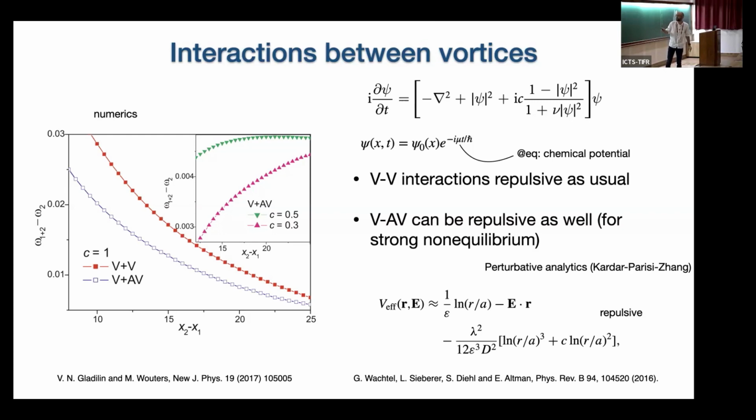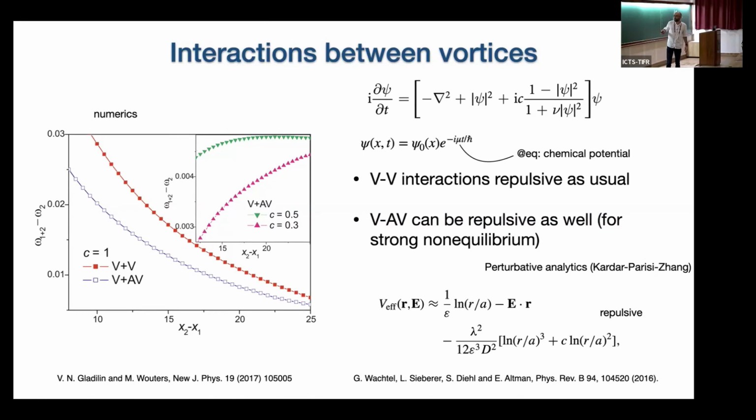What we did is, without approximations, because that work is built on quite some approximations, just start directly from this modified Gross-Pitaevskii equation. And indeed, we recover the same phenomenology. When our non-equilibrium parameter is large, this should be the vortex-vortex interaction energy or potential.